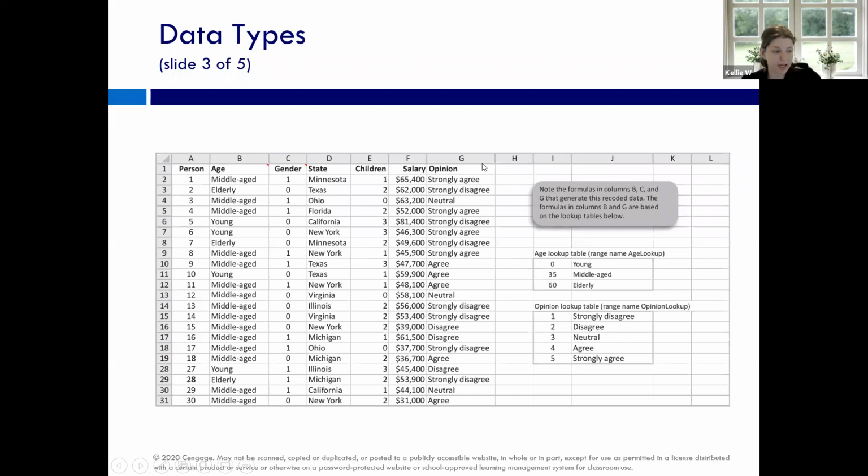We could say VLOOKUP, look up the value of strongly agree, find it in this table, and then give me the corresponding number. And actually, I think to do that, you would have to move these numbers over to the side, which is interesting that they set it up this way. But we could use our VLOOKUP formula and create a new column that says opinion value. And now we have numbers in there, and we can do something with that.